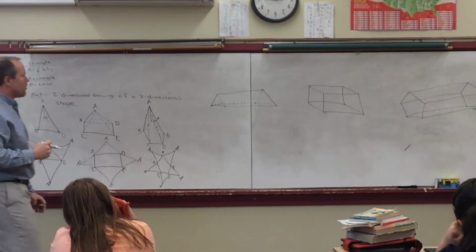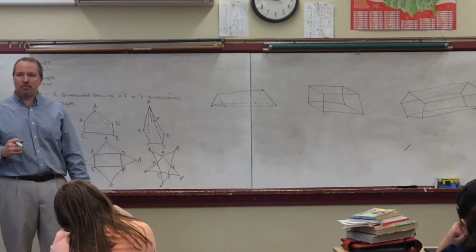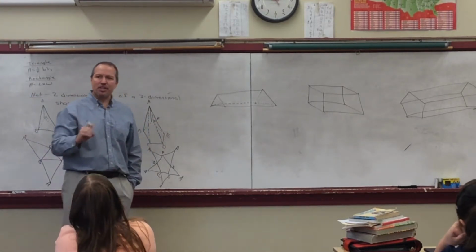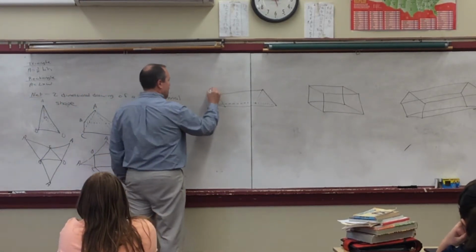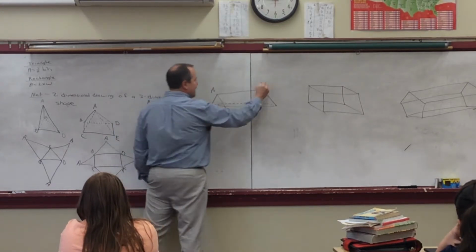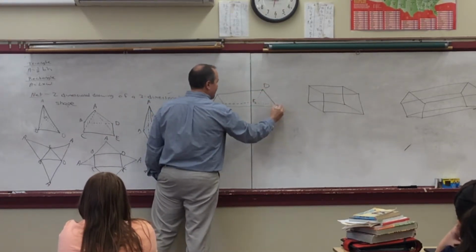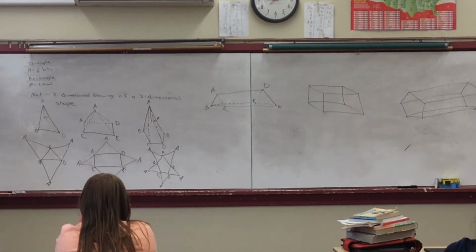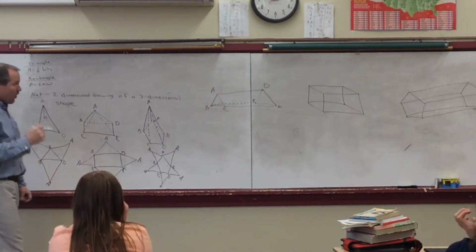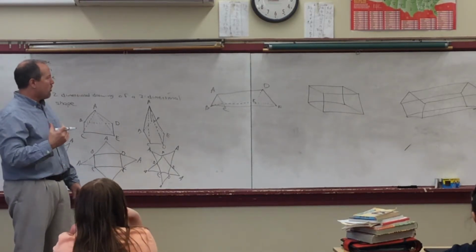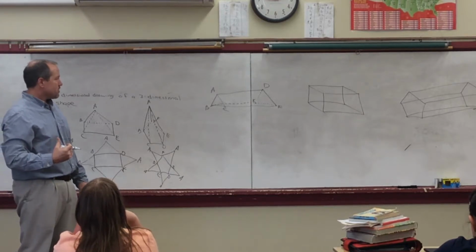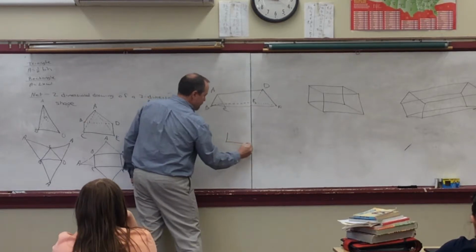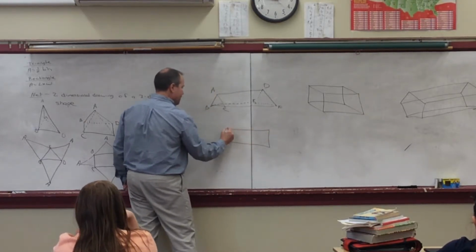Okay? Now, the next thing we're going to do is make a net out of these prisms. To make a net out of a prism, once again, the first thing we're going to do is label the points. A, B, C, D, E, and F. Now, just like we did with the pyramid, the first thing we want to do is draw a base. Okay, I'm going to make the rectangle. What would happen if the A was on the other side of it?